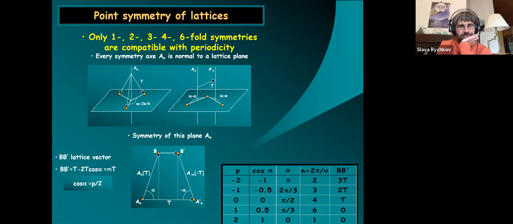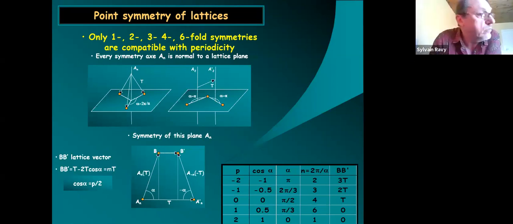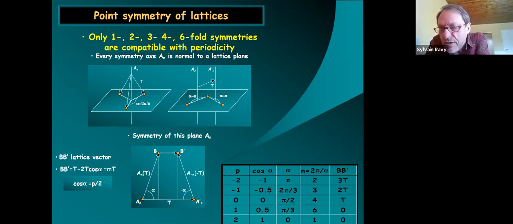Then a very important property is that for a periodic lattice, very few symmetries are possible. This is not very complicated to demonstrate. I can do it very quickly here. If you take a center of rotation here and there, related by a translation of the lattice, you apply this rotation once here to get the point B. You apply the rotation A prime to get the point B prime.